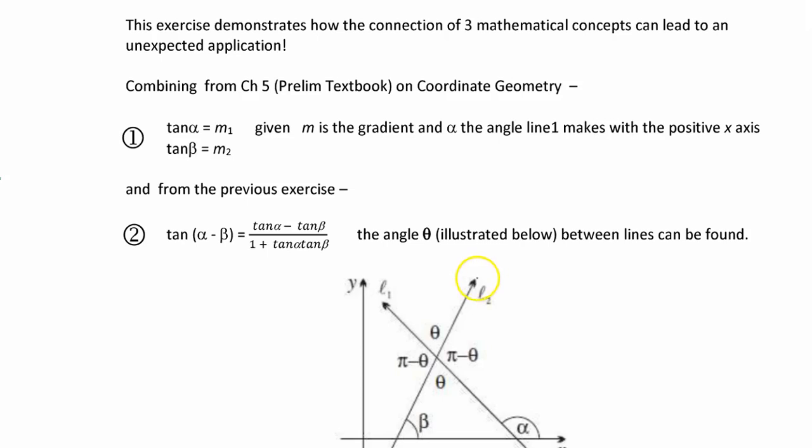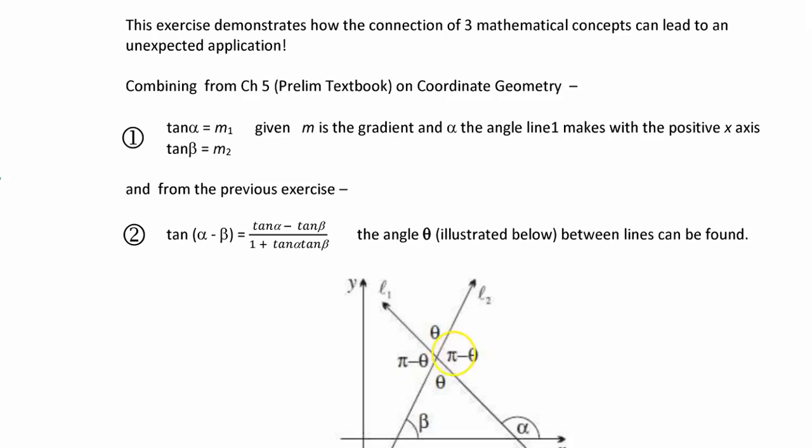And you can see this here, say for example line 1, line 2, and theta is the angle between those two lines. We know that the angle opposite is equal from a geometry property: vertically opposite angles are equal.